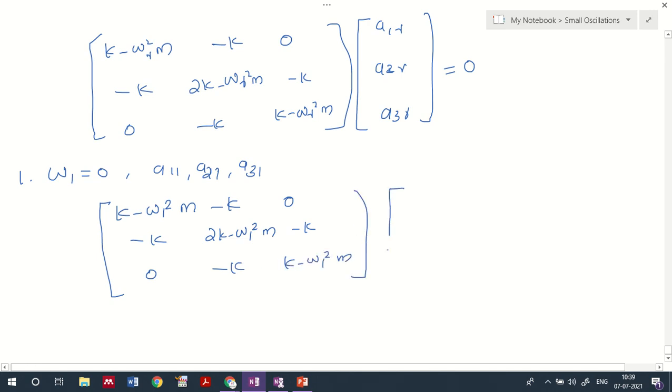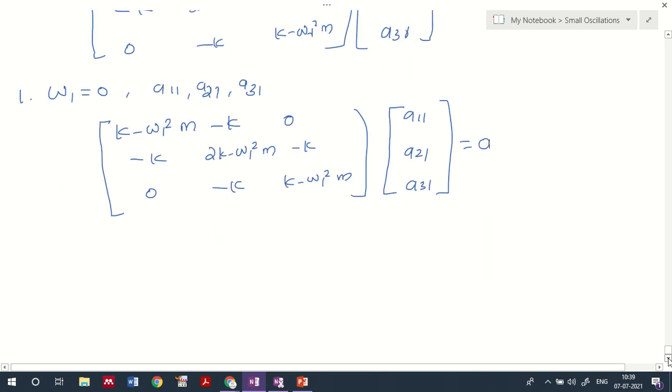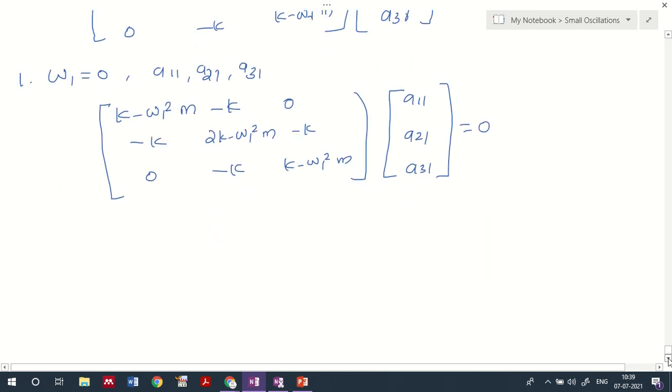Correspondingly we'll have a11 here, a21 here, then a31 over here, which is equal to 0. It's clear. And now we know what omega 1 is. Omega 1 for a triatomic molecule, the first frequency, was 0, right?